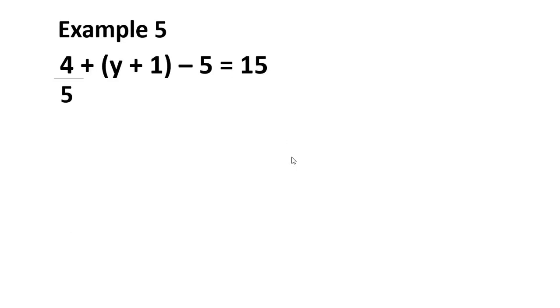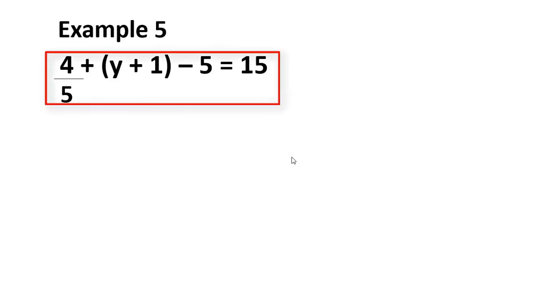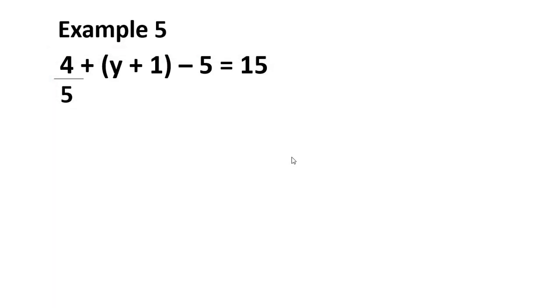Okay, let's take this example. I want to show you how to solve a complex linear equation like this. Now what are we going to do in this case? We are going to look at the left hand side, and then you have minus 5.